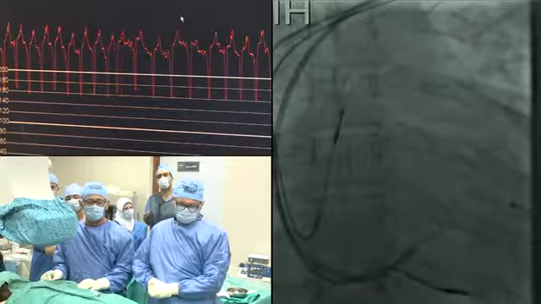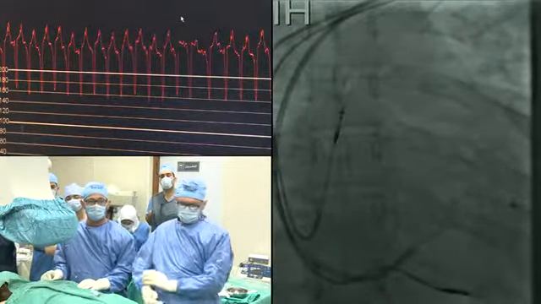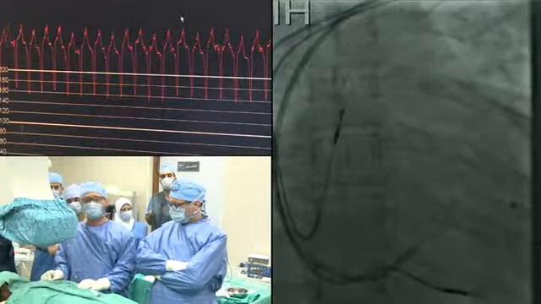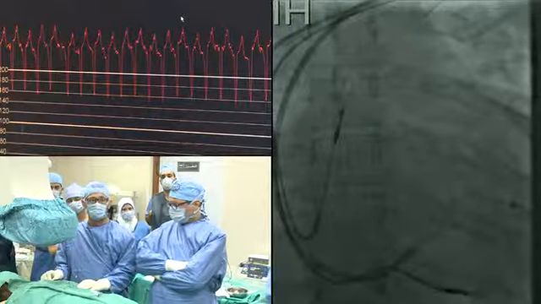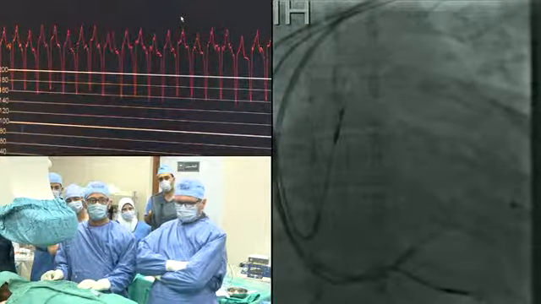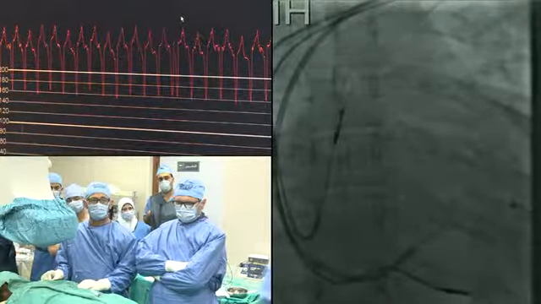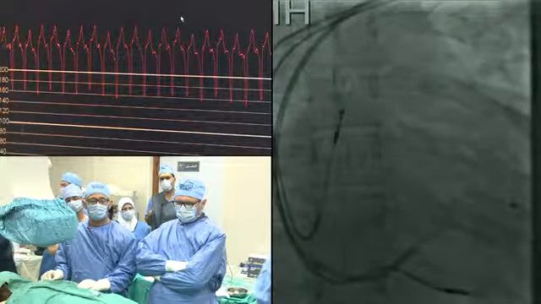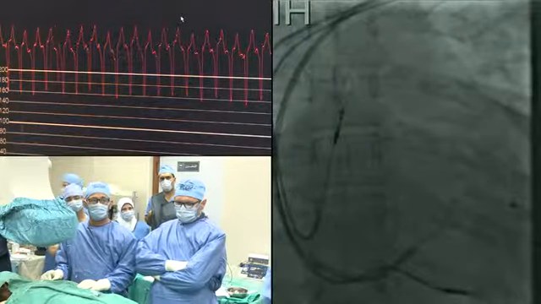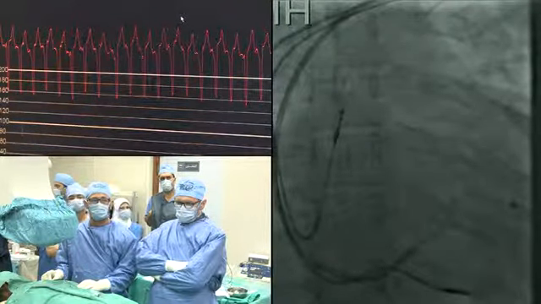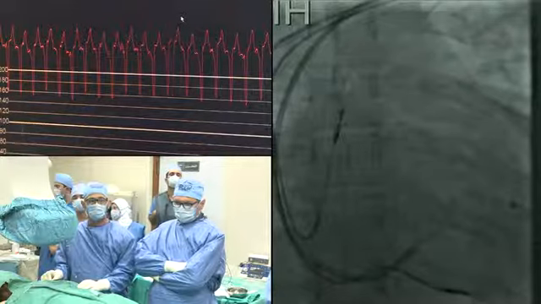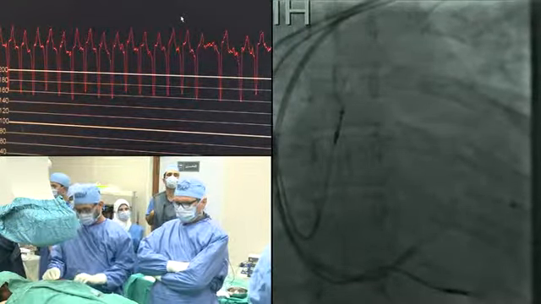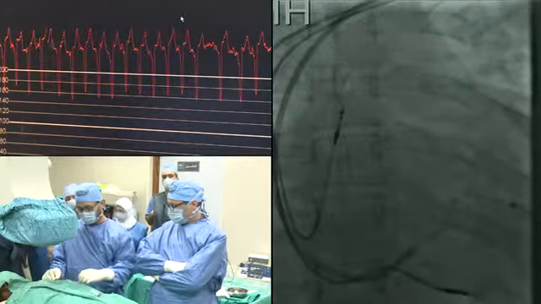Now I'm at 5 volts, 4 milliseconds. 4 volts is capturing. 3 is working. 2 volts is working. 1.5 is working. 1.4, 1.3 is working. 1.2, 1.0, 0.8, 0.7, 0.6. 0.6 is losing capture. 0.7 is the threshold in the atrial lead.